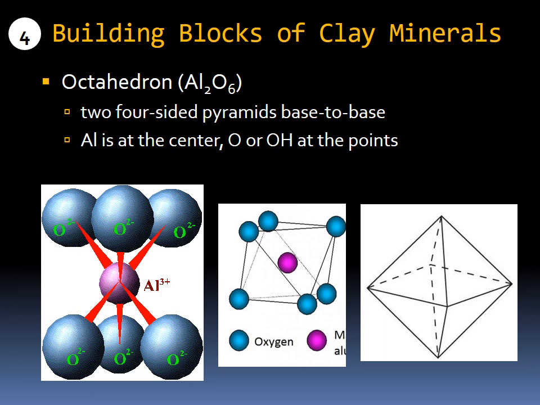And they are arranged in a shape like two pyramids put together at the base. If you count the faces, you would find that in total you have eight sides, counting also the bases of these two pyramids. In some conditions, instead of oxygen, you might have hydroxide, OH.